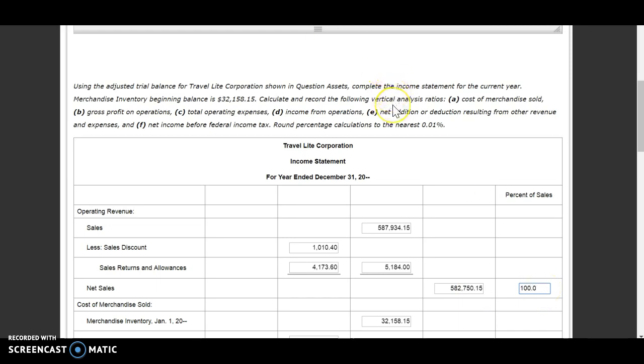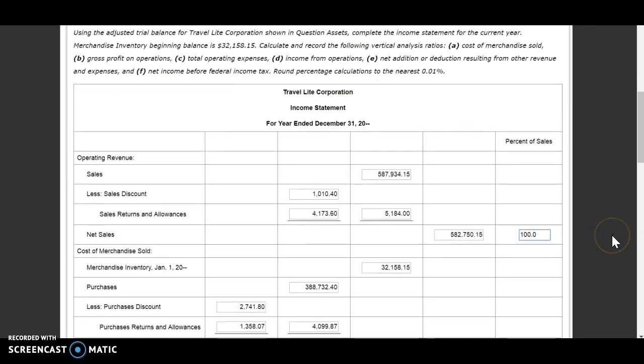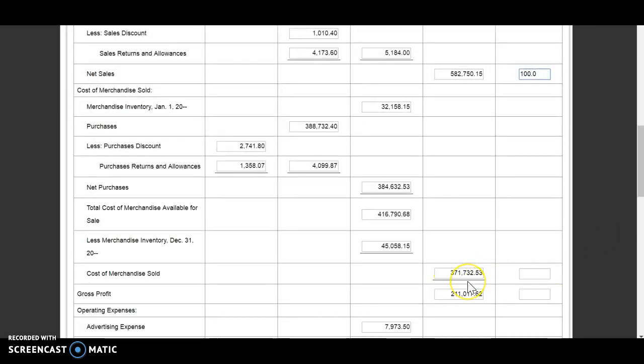Remember, we need to round to the nearest 0.1%. Okay, for my next one, I'm going to take my cost of merchandise sold divided by my net sales, and I should get 63.79.